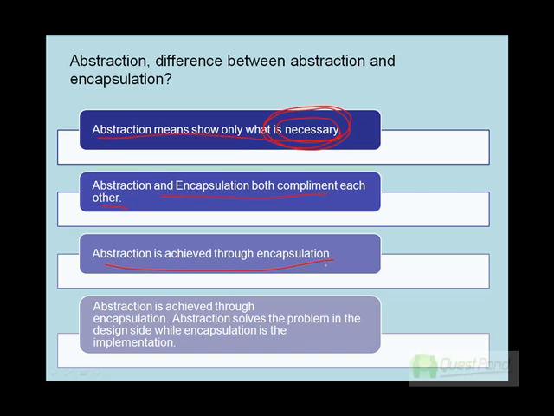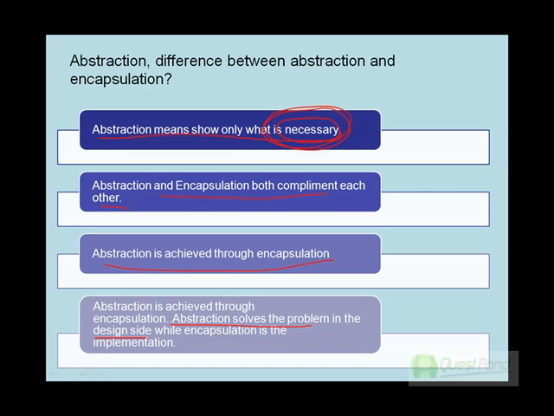So the time you define private, public, all those things in encapsulation, you are actually trying to achieve abstraction. Abstraction is more of a design process, more of a thought process. When you are writing your design document, or when you are defining your classes or your UML diagrams, that is where you actually put down abstraction.